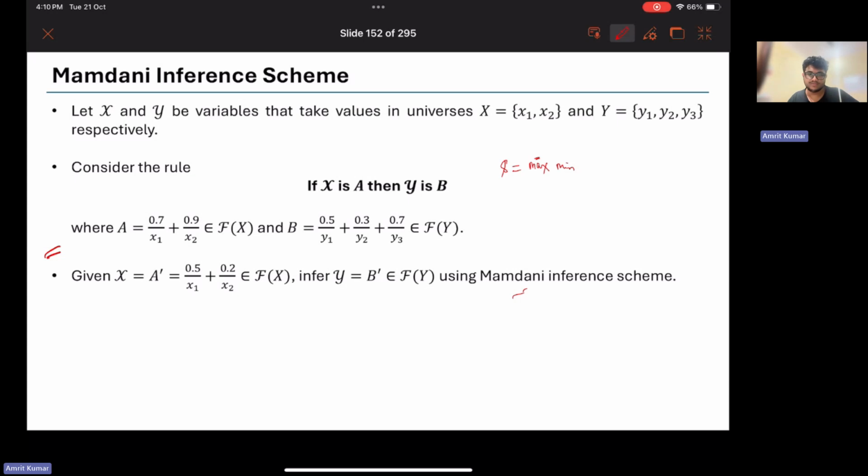So supremum is same as maximum. And this is nothing but height of A dash intersection A. And we have already seen that this height is 0.5, right? Because minimum of 0.7 and 0.5 is 0.5, minimum of 0.9 and 0.9, and 0.2 is 0.2, and maximum of 0.5 and 0.2 is 0.5. So similarity value is 0.5.